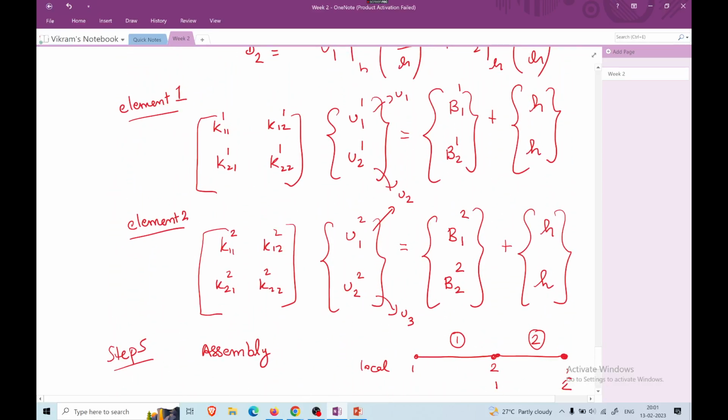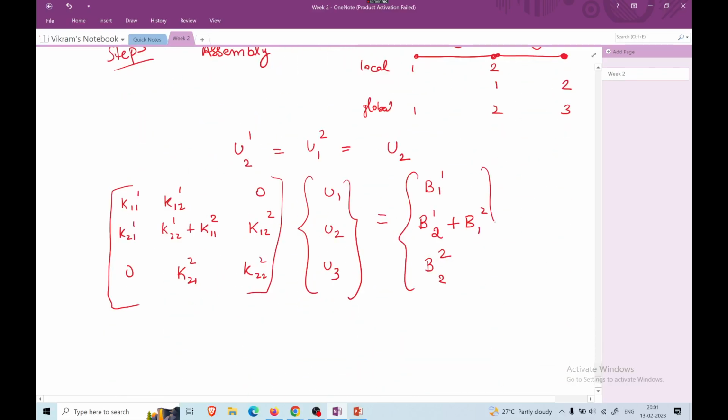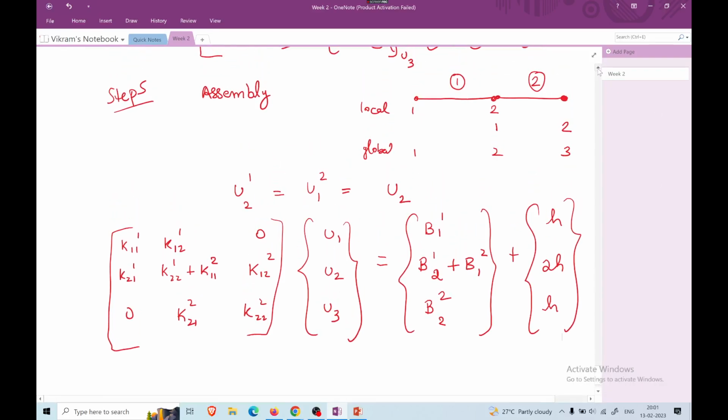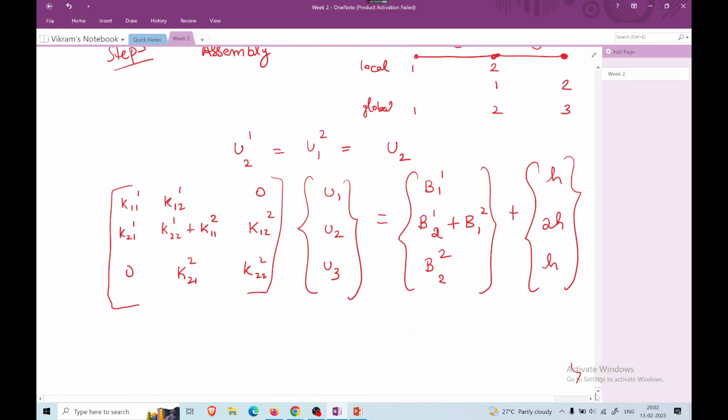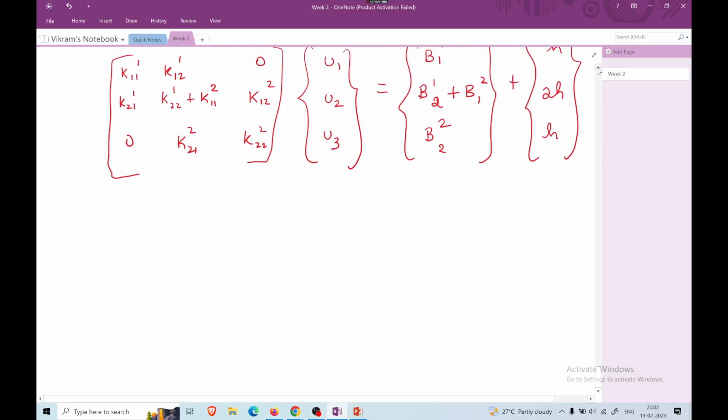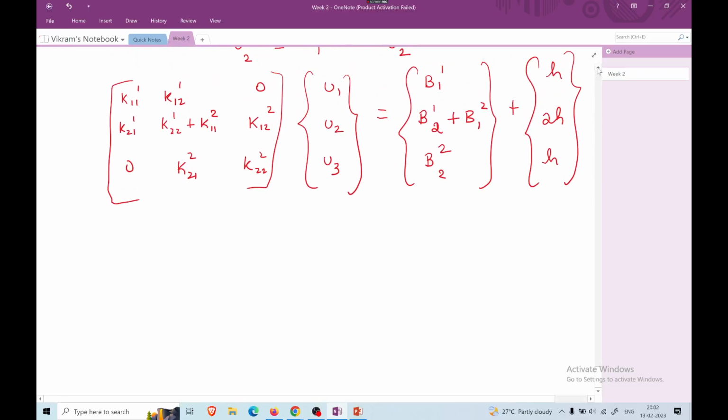Correct? Yes, sir. And this will be h, 2h, h. Why 2h in the middle? Because this h and this h are going to get added. So in net effect, now we have to see what these things are.